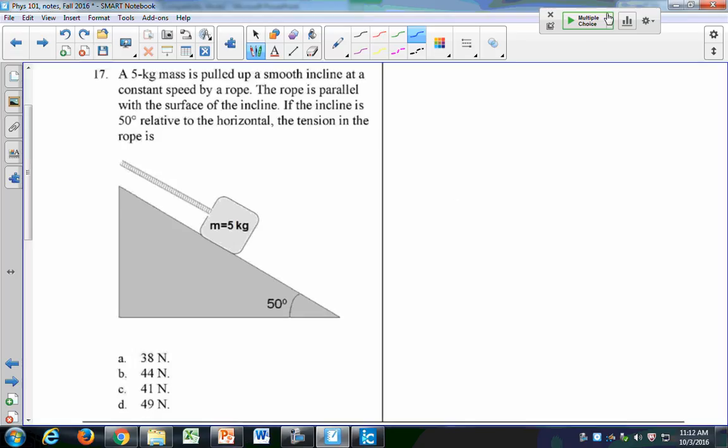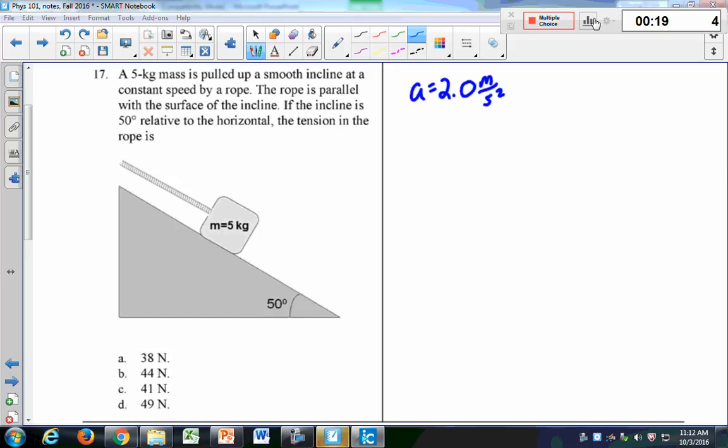Let's try number 17. Work number 17, and then we're not going to do it as a clicker question, but then ask yourself, what if the acceleration is 2 meters per second squared up the plane?